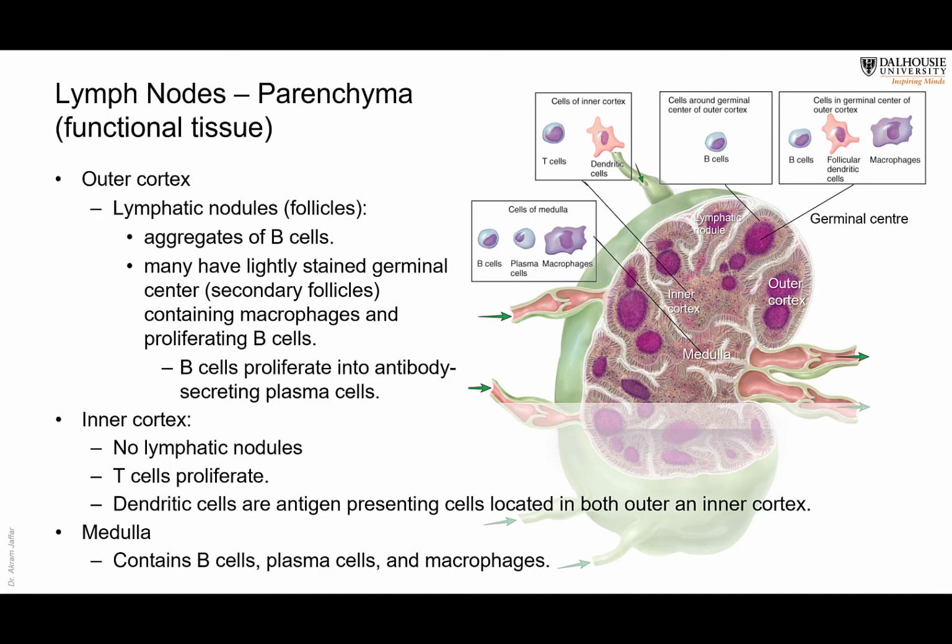In the cortex, usually there are B-lymphocytes which produce plasma cells, and when they proliferate and become active and produce plasma cells, the center of the follicle here will become lighter in color. We call it a germinal center. So when it becomes very active, then the center will be lighter in color, called germinal center. And then we have the medulla.